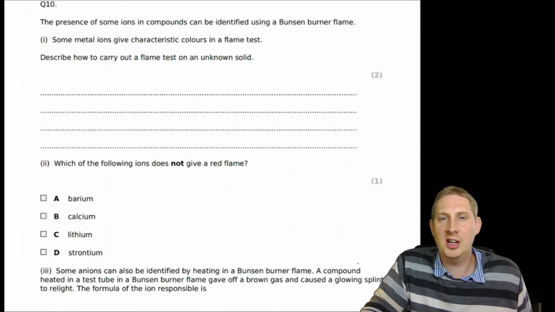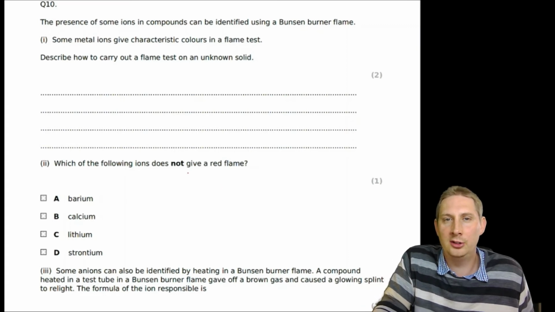The presence of some ions in compounds can be identified using a Bunsen burner flame. Some metal ions give characteristic colours in a flame test. Describe how to carry out a flame test on an unknown solid.